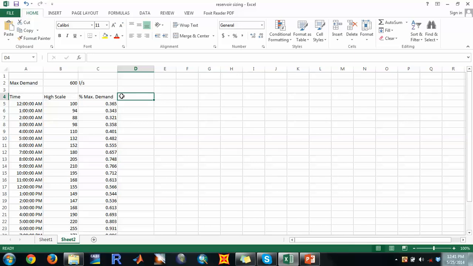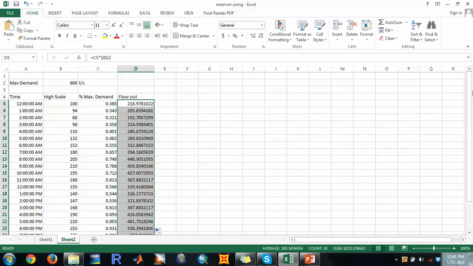So the demand, which is the flow out, okay, flow out is equal to the percentage times the maximum demand. Okay, so you can fix this with a dollar sign because it is a constant value. Then this is your flow out, and usually this is in liters per second.